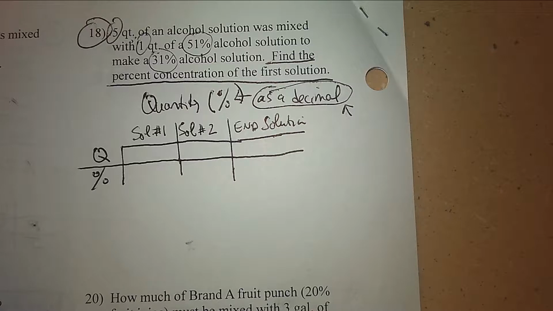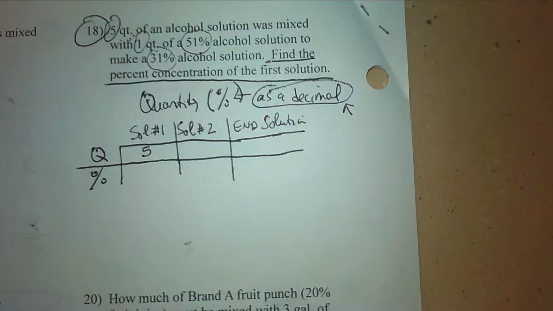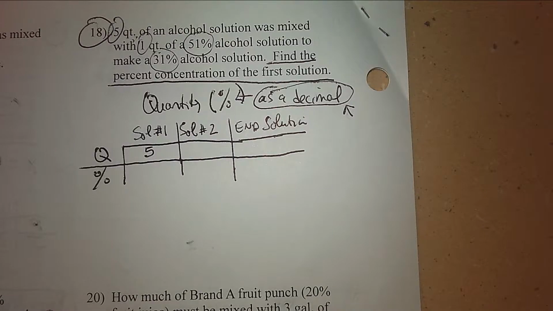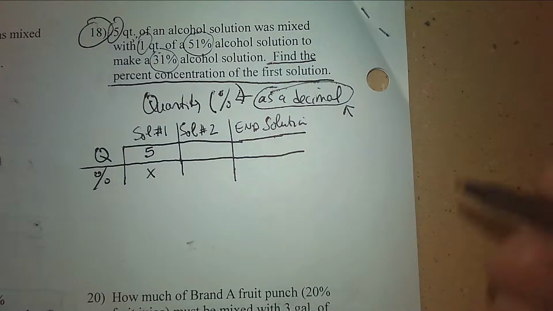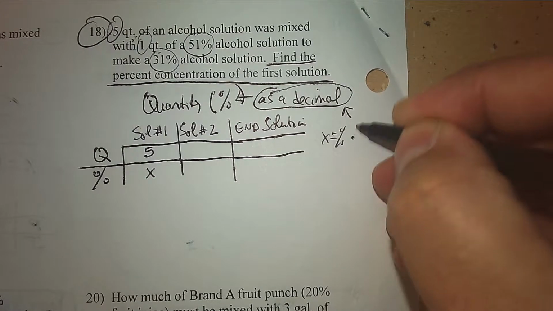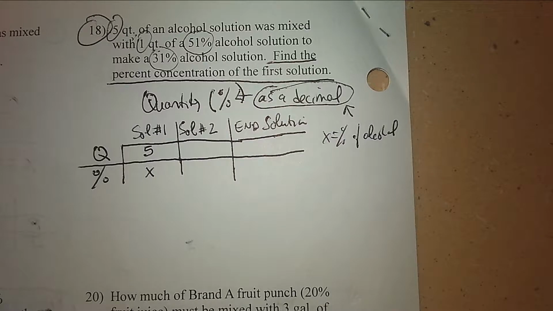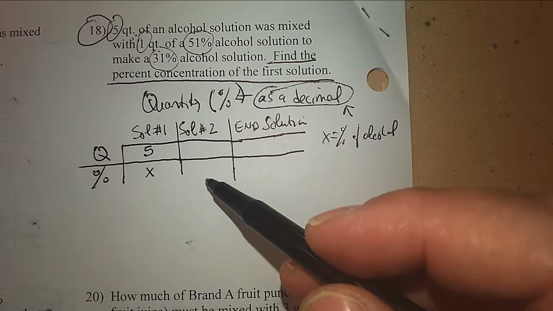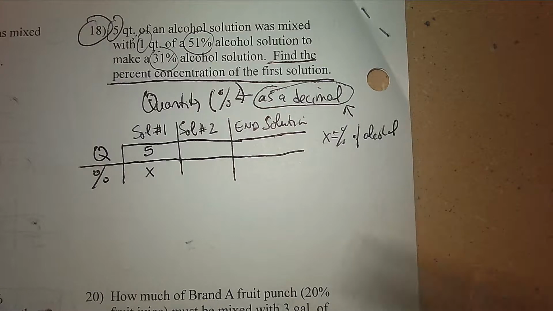So for solution number 1, do you know how much quantity we have? 5 quarts, yes? Do we know what the percent was of alcohol? So that's an unknown, right? For solution number 2, do we know how much we mix there?